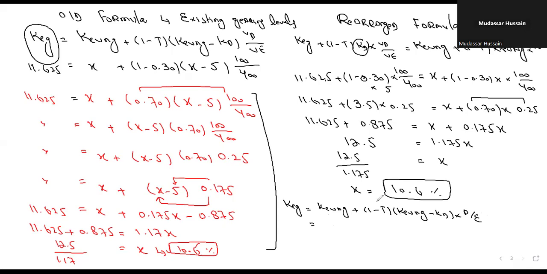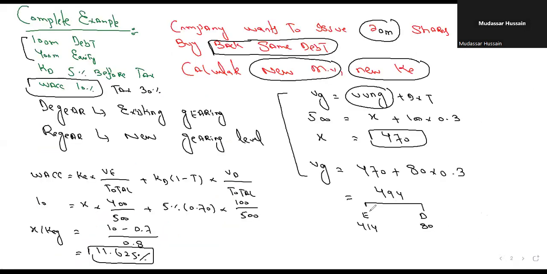So the geared we have to find, this is 10.6 plus 1 minus 0.30. Ungeared is 10.6, KD was 5. Now, when we are finding the geared, the gearing level is 100 over 400.